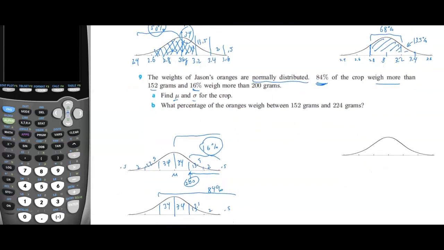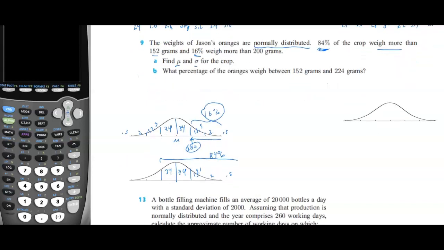That's how I remembered that 84% is a number which can be found by summing up these sections from 68, 95, 99. So 84% is greater than 152. That means I put the 152 right there.